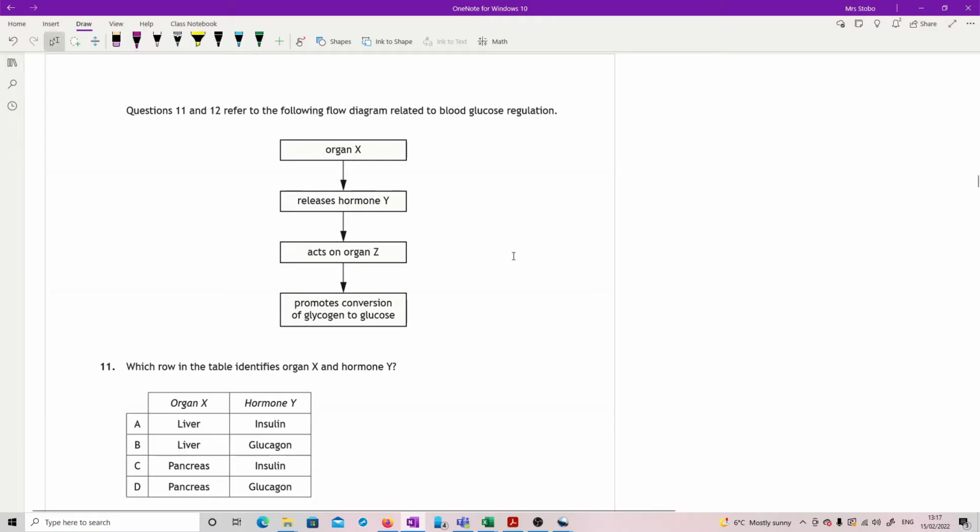11 and 12 are to do with the following flow diagram relating to blood glucose regulation. You really need to know your stuff for this question. Okay, so we've got organ X releases a hormone Y which acts on organ Z and then promotes the conversion of glycogen to glucose. Although it doesn't ask you all of this, if it's glycogen to glucose, then this hormone must be glucagon.